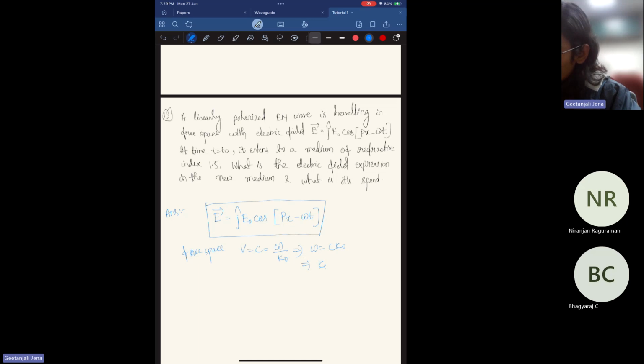And if you see this expression for the electric field, the only propagation is along the direction of x. So k0 is kx, and this omega by c is equal to kx, which is equal to p.